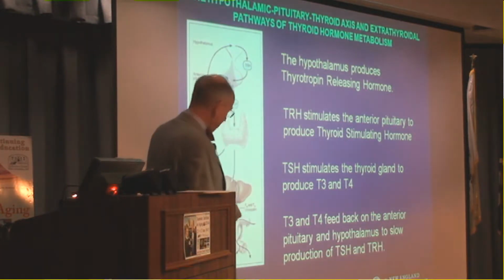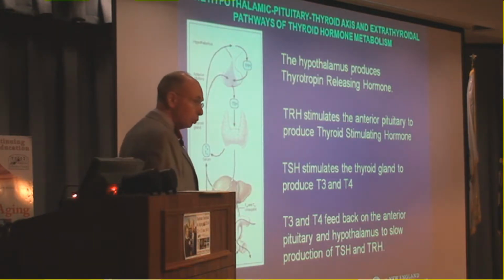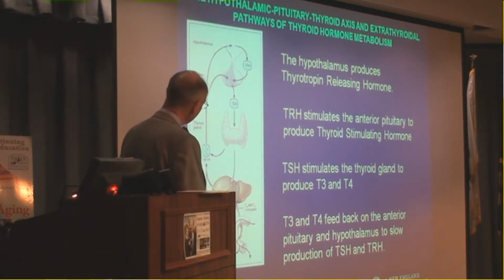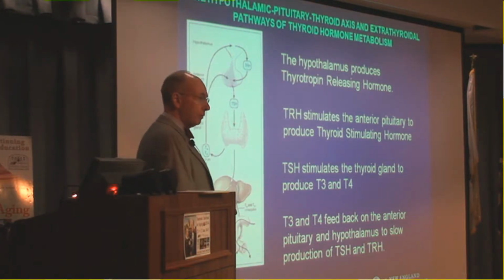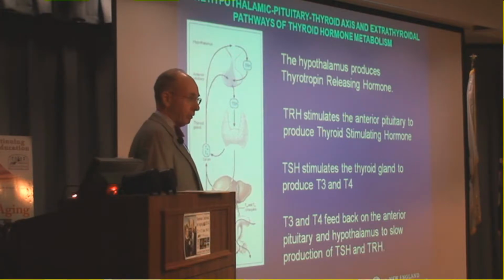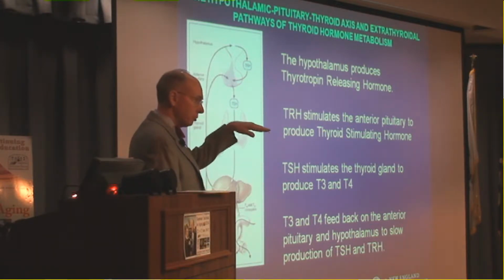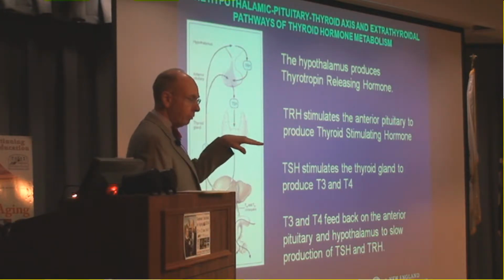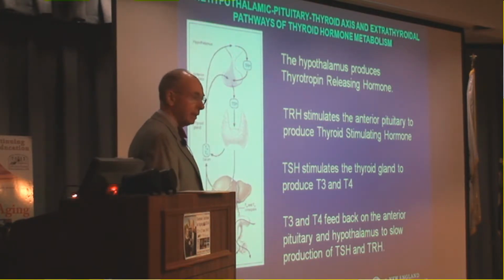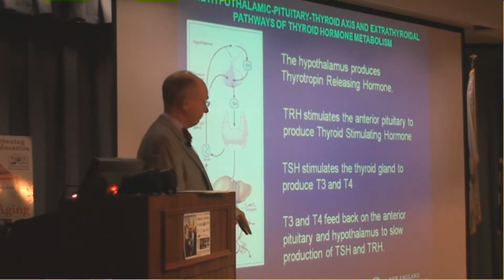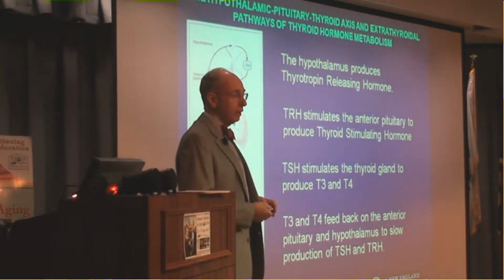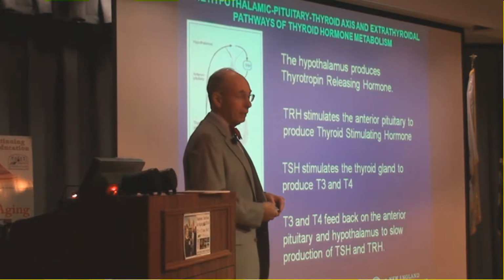So here's our thyroid. It's kind of a feedback loop, which is very interesting. That's how endocrine organs work. They sort of come on up to a certain degree. They make hormone, and when they've made enough of it, they kind of say to the organs that stimulate them, enough is enough, cut back now. It's kind of like with insulin.